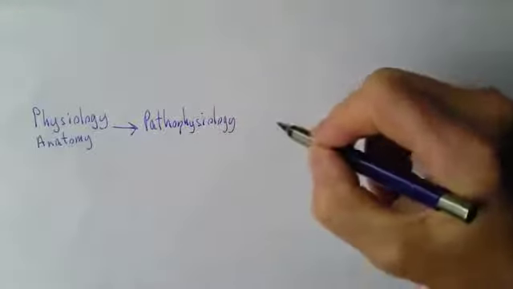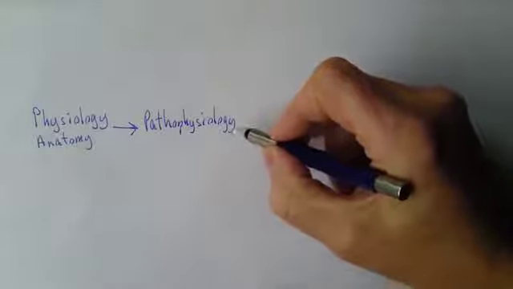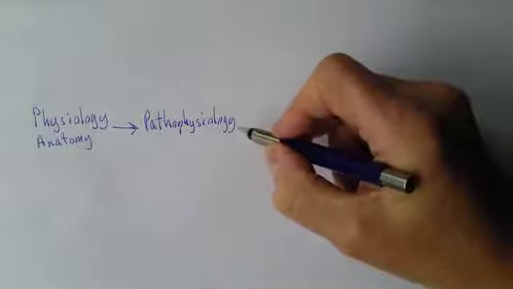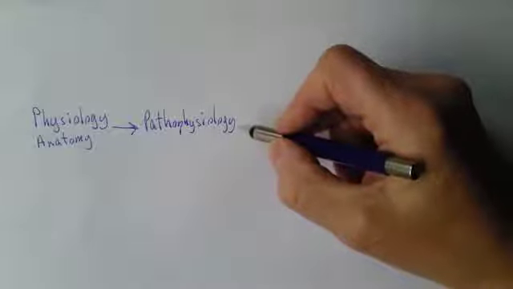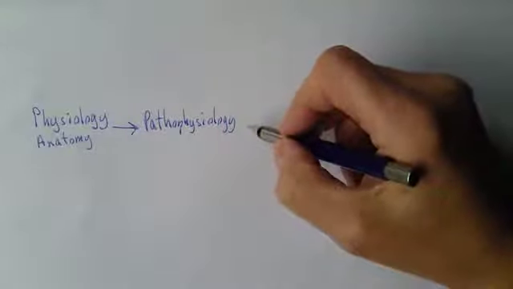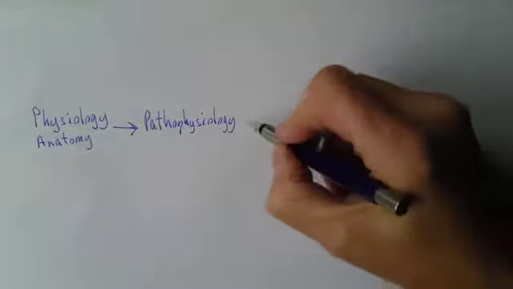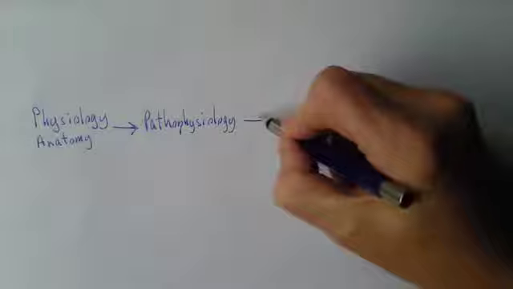So physiology can change to pathophysiology. And pathophysiology is abnormal function. Now that's bad because we don't want the body to function abnormally. But it's good because it gives us an opportunity to work out what is going on.